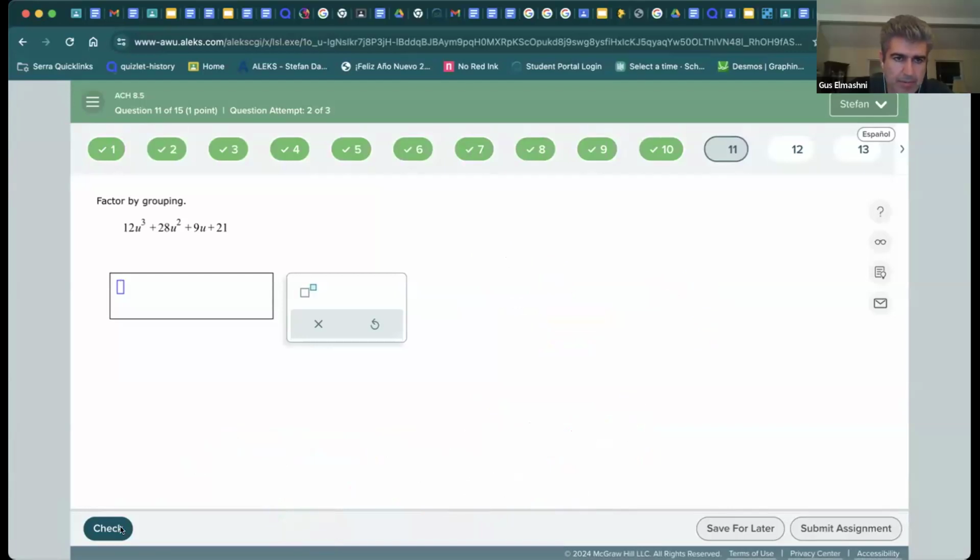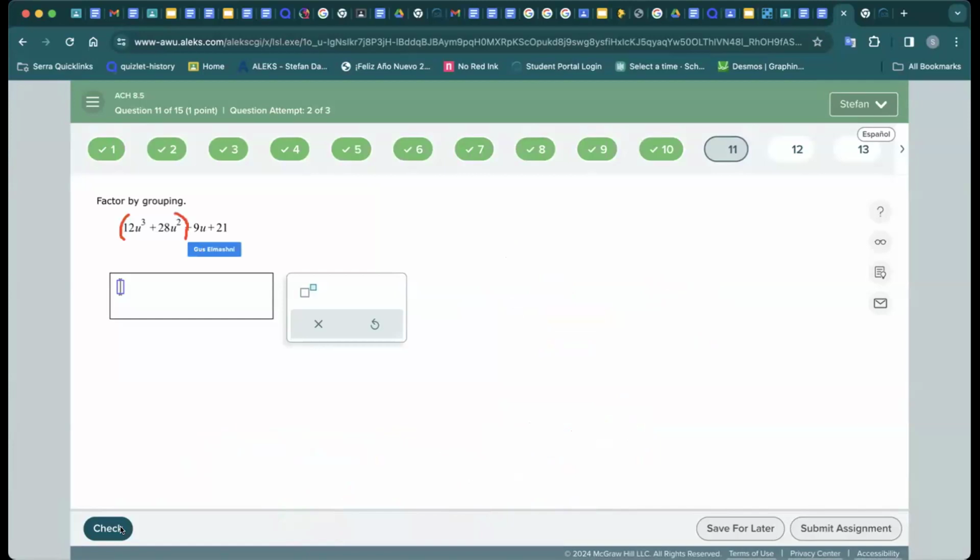Okay, so you take out 4, and there's more. So that would be 3.